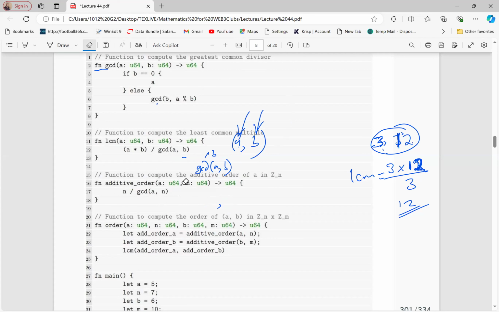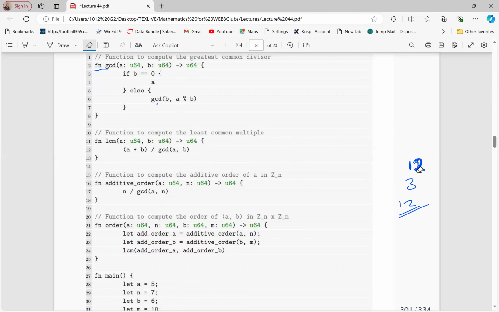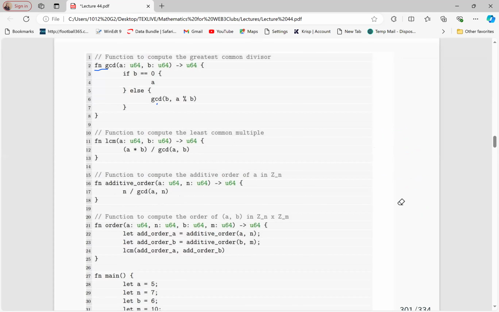That is why we have that part of the GCD, because it's then used to get the LCM. You cannot get the LCM before getting the GCD. You must have the GCD first, then the product of the two elements, then you divide.